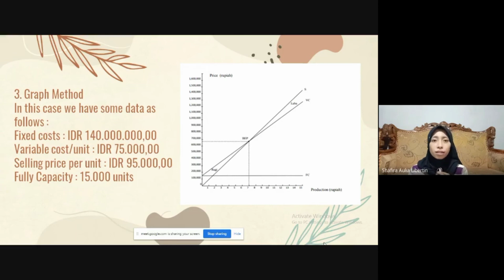Then we draw a graph that represents the data, so we get the point that shows us the point of BEP. From the point we can conclude that the BEP in rupiah of PT Admira of the Sea is about 665 million rupiah, and the BEP in units is 7,000 units.